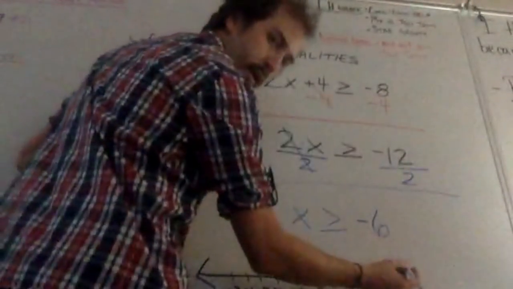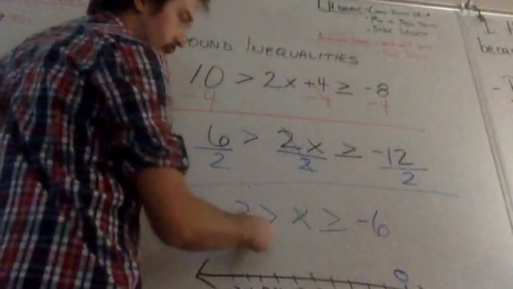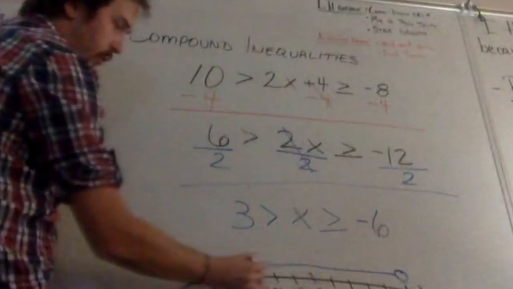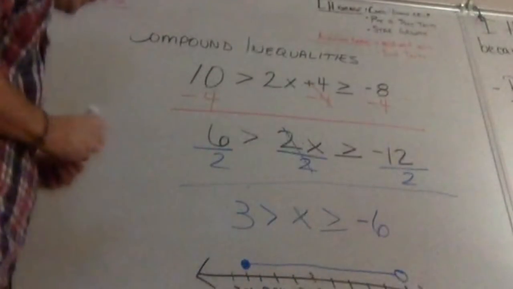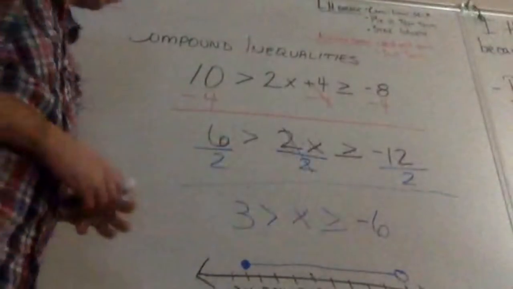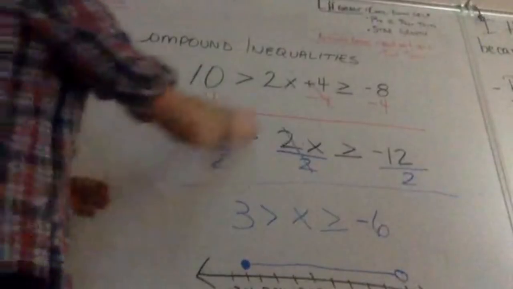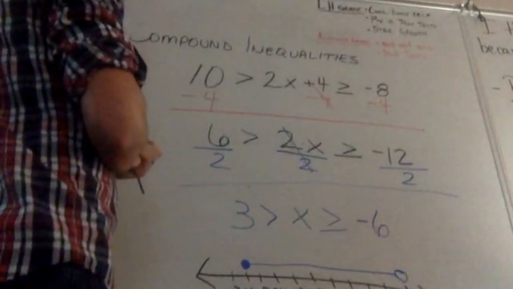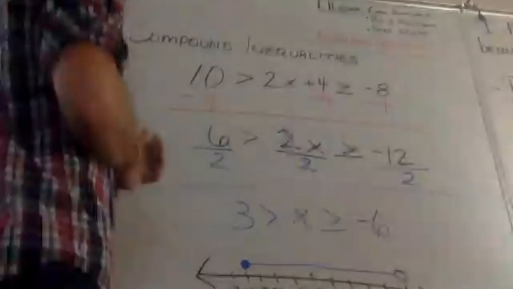So 3 is greater than x, not equal to, so I'm not going to shade. Then I'm going to bring this line all the way to negative 6, where I'm going to shade in my point because it is equal to as well, to negative 6. So that's how we solve for an inequality that we have two different sides from.